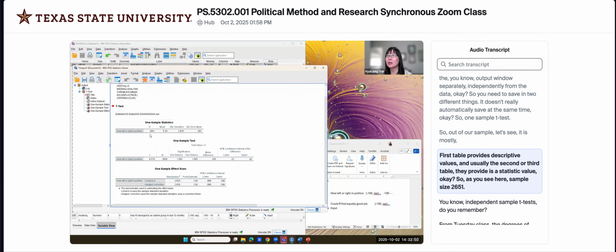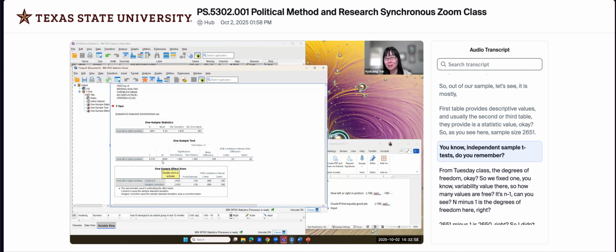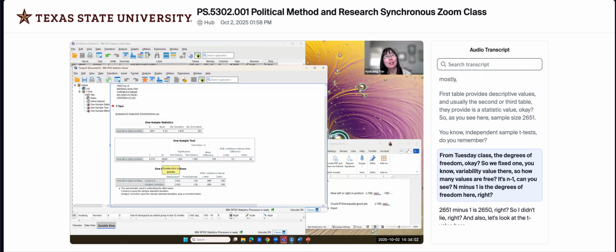As you see here, the sample size is 2651. Do you remember from Tuesday's class the degrees of freedom? We fix one variability value there, so how many values are free? It's n-1. Can you see n-1 is the degrees of freedom here, right?